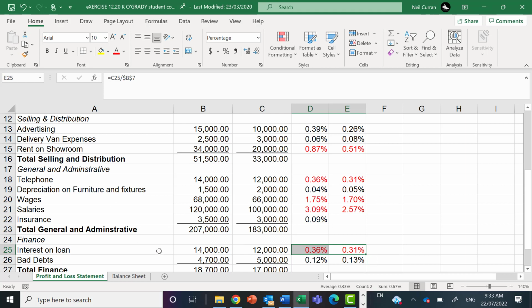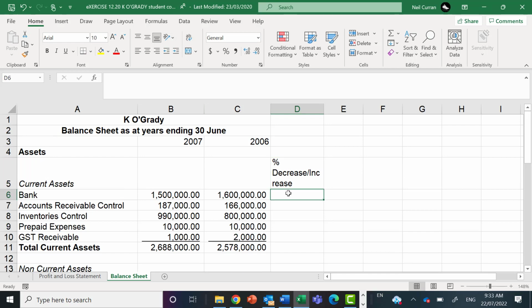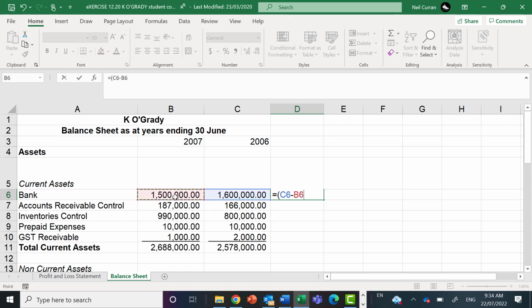So we are then going to look at how to do a vertical analysis. Now, vertical analysis will be in your statement of financial position, and what it represents is a percentage decrease or increase from the previous year. So in order to do that, always start with equal, open your brackets, and we take our previous year, minus it from our current year, and then divide it by the previous year as well.